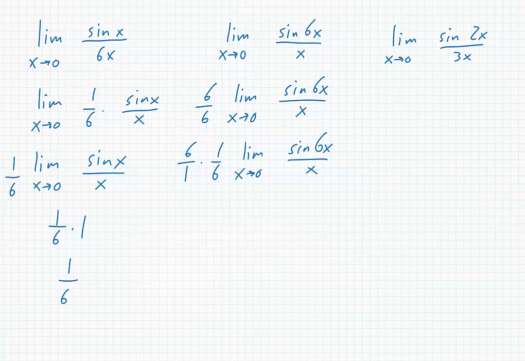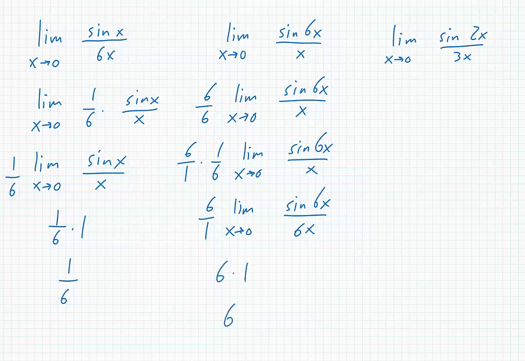And then we'll multiply the 1/6 inside, leaving the 6 over 1 outside. So we'll have 6 over 1 times the limit as x approaches 0 of the sine of 6x over 6x. That becomes 6 times 1, or 6.